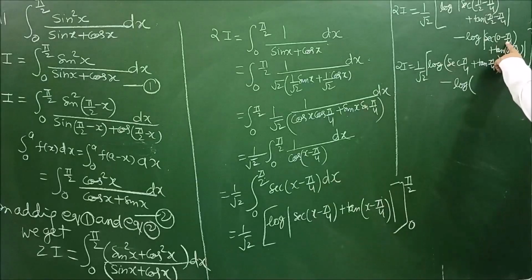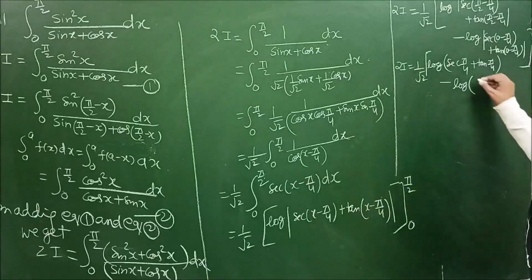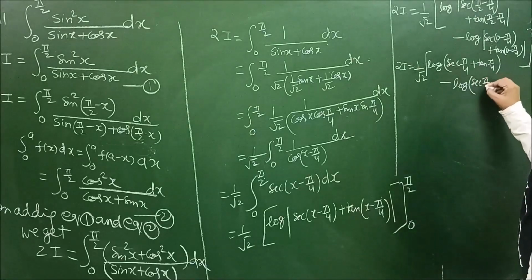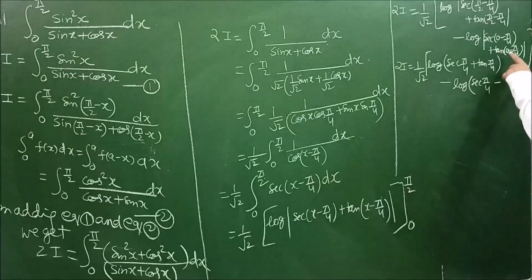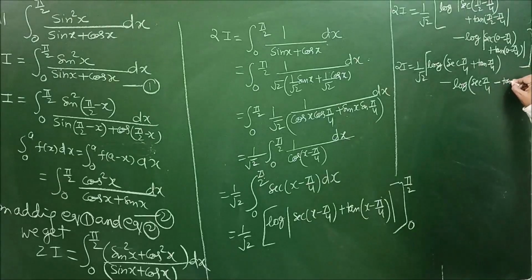Sec of minus theta is sec theta, so sec pi by 4 is again log sec pi by 4, and this is 0 minus pi by 4 minus tan of minus pi by 4, that is minus tan pi by 4.